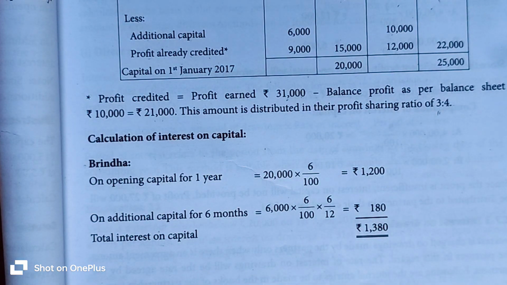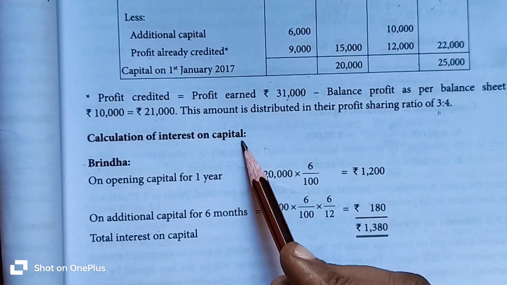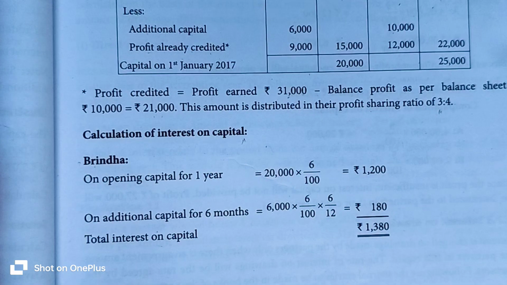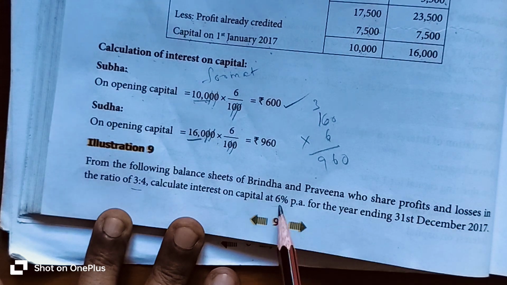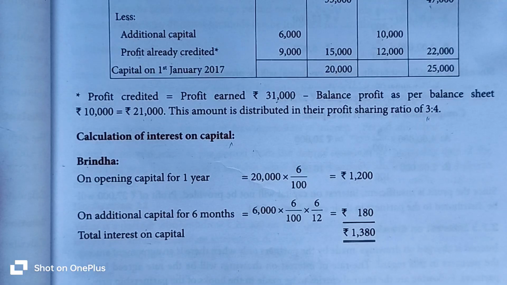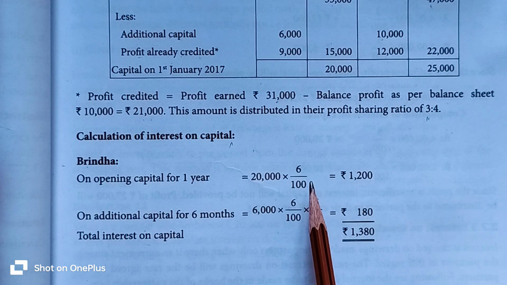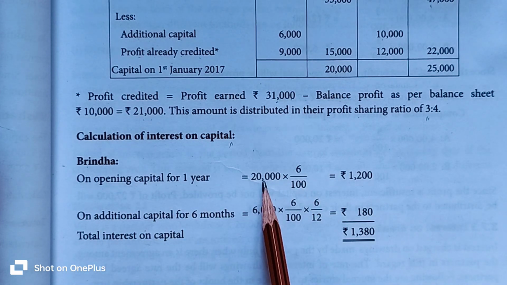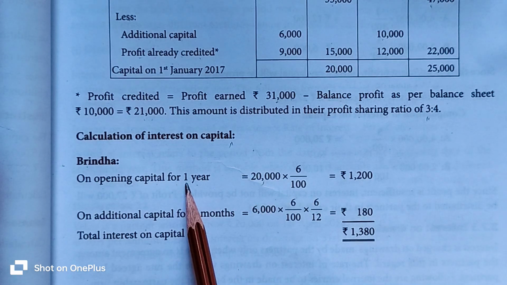Now we are going to calculate interest on capital. What is the rate of interest on capital? It is at the rate of 6%. So at the rate of 6% we are going to calculate the interest on capital. Listen, the opening capital is for 1 year. How can you calculate 1 year?